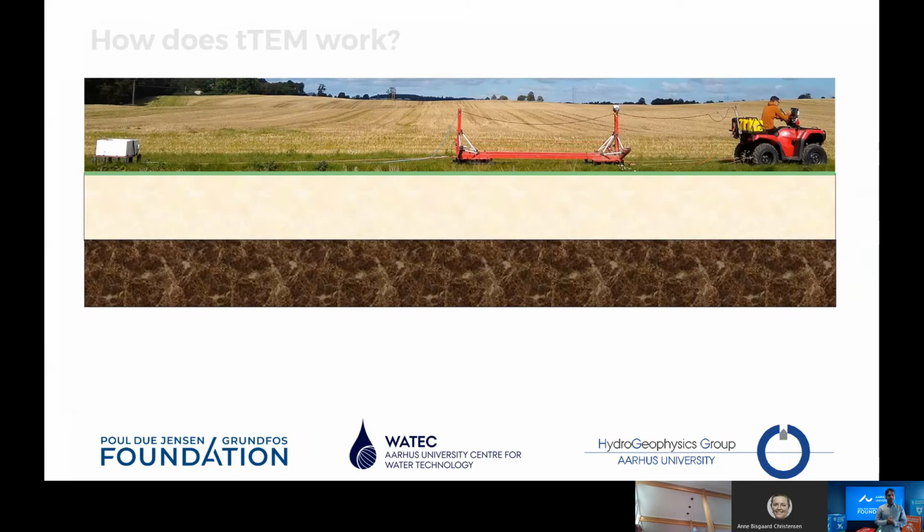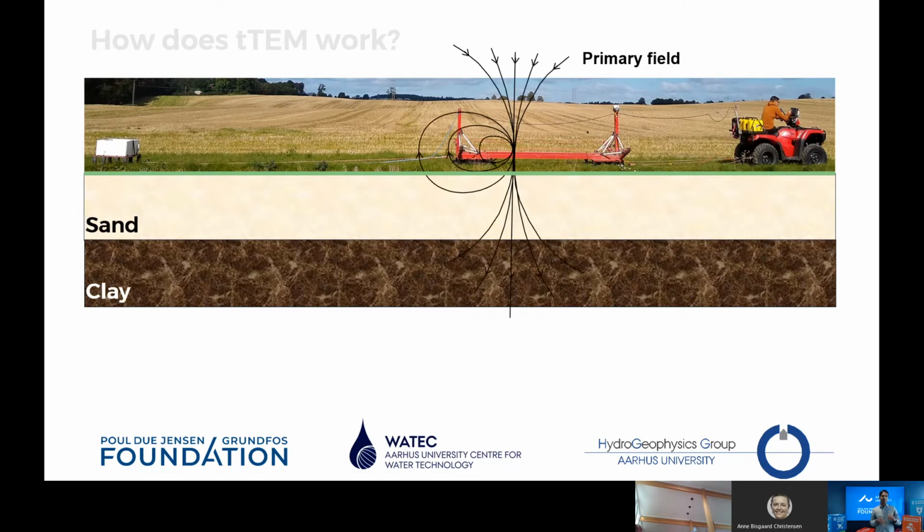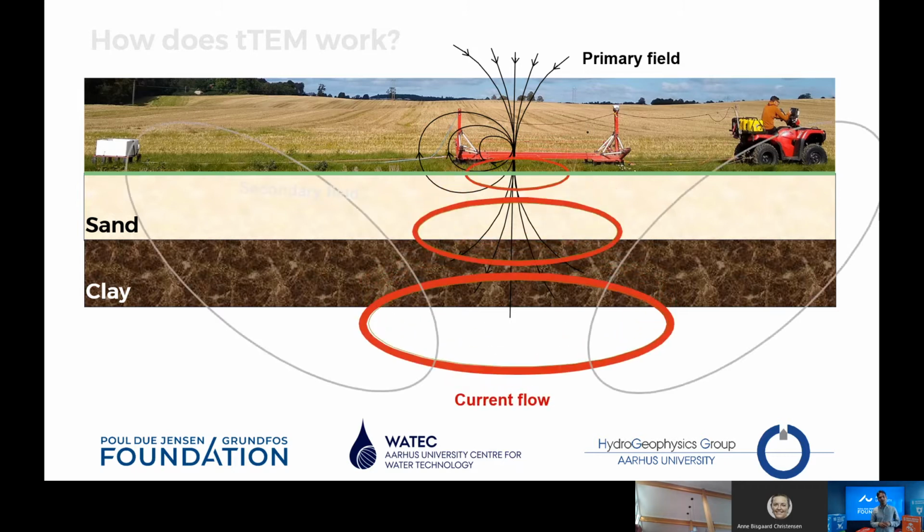So how does this TTEM actually work? It works as normally as any other TEM system. We start transmitting current in the 4x2 loop, and then we turn off as soon as possible. That generates a primary magnetic field that travels into the ground and induces current in the ground, and the strength of this current depends on what kind of material it encounters.